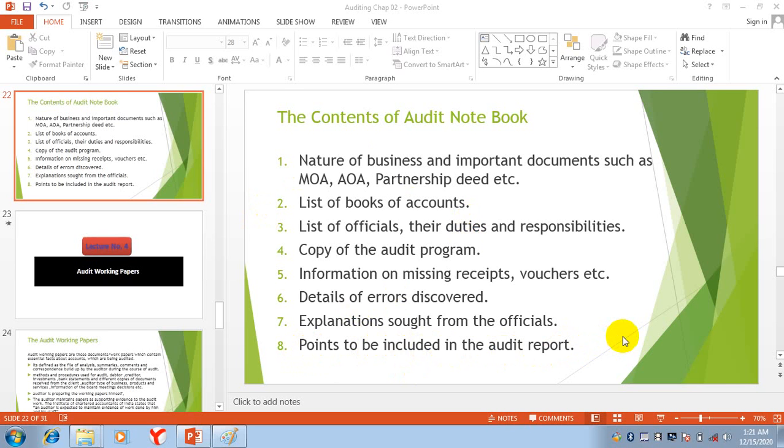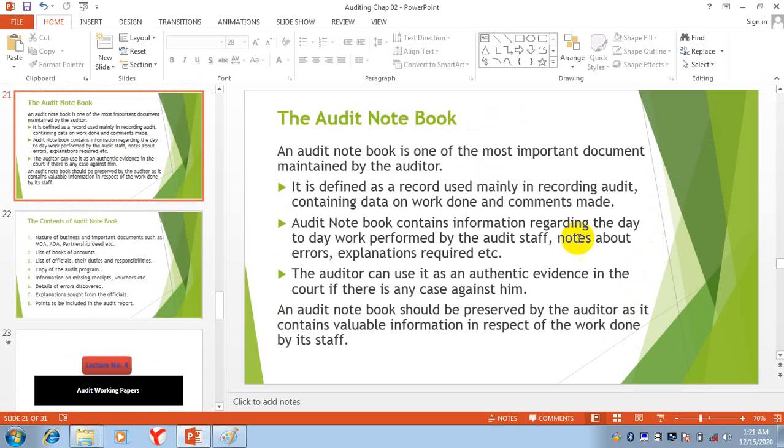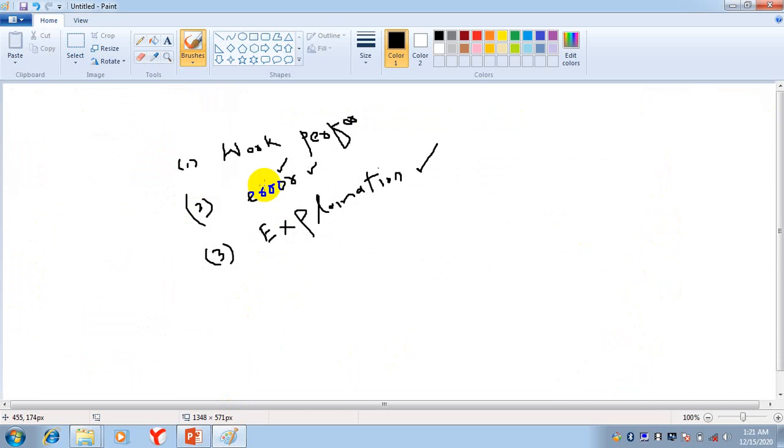So what is the audit notebook? It is a notebook, an important document maintained by the auditor. In this notebook, we keep a record of the work performed by the audit staff, the day-to-day work.